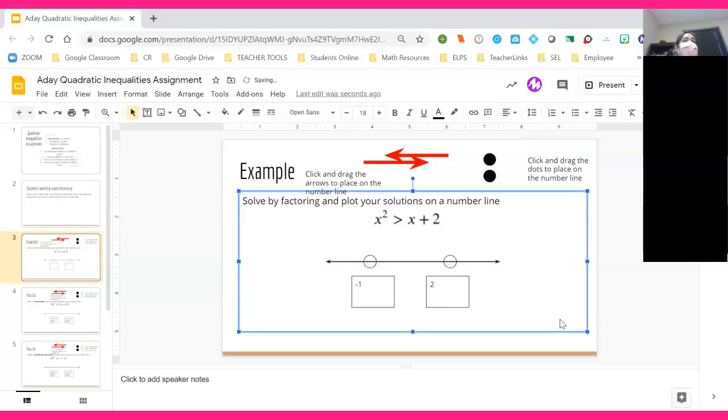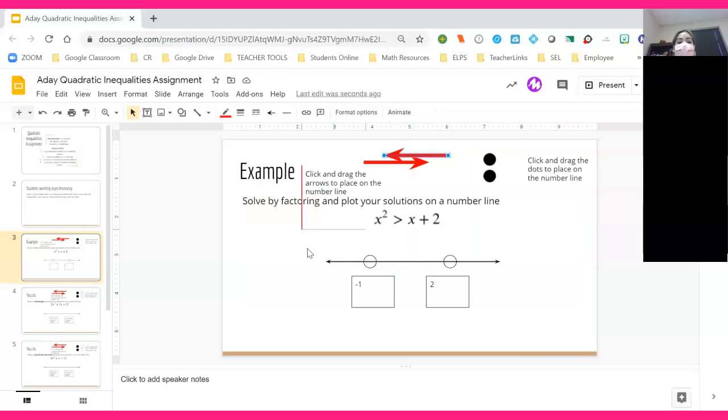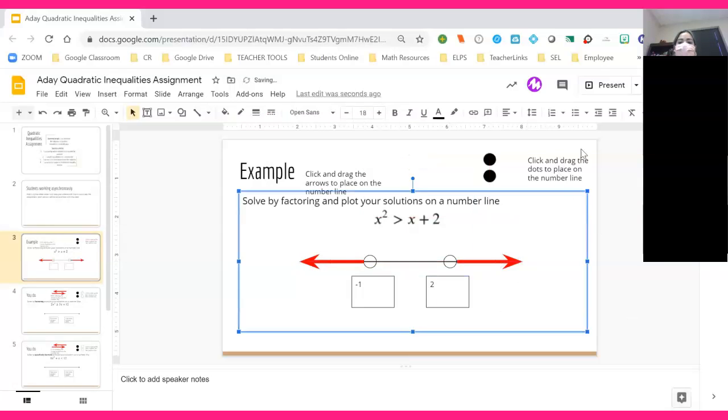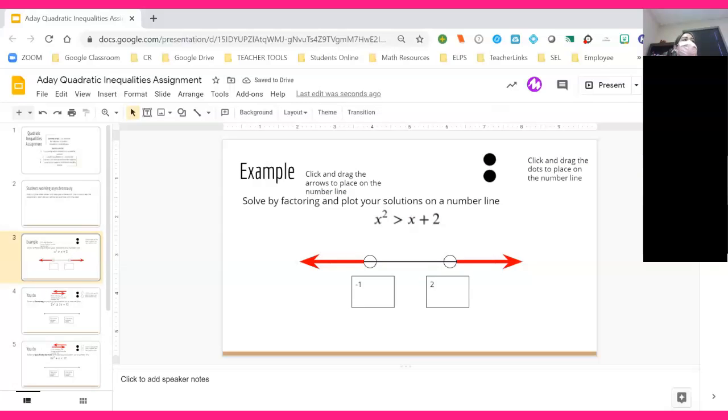Question so far? Then as far as the shading was on the outside. So it looks like this. Does everybody understand? All right.